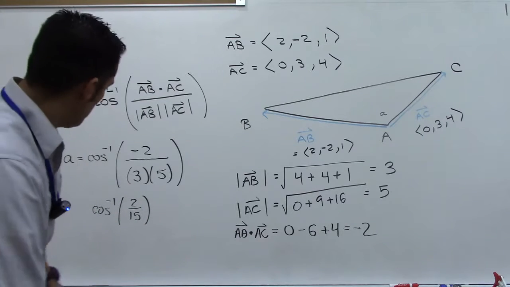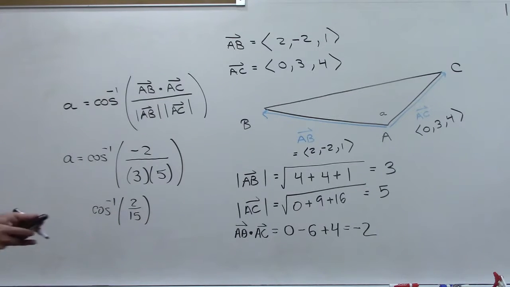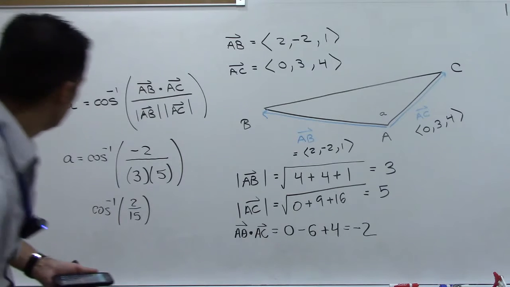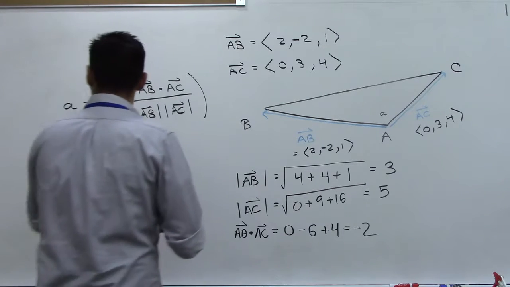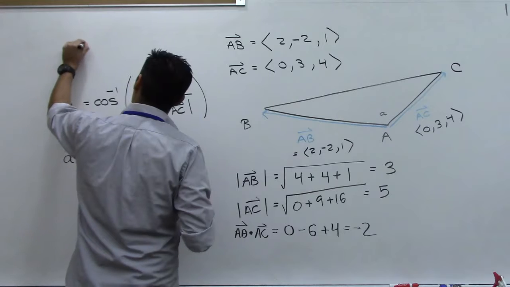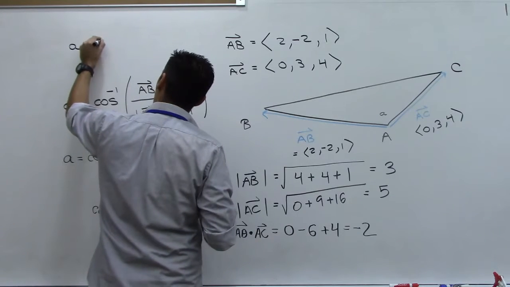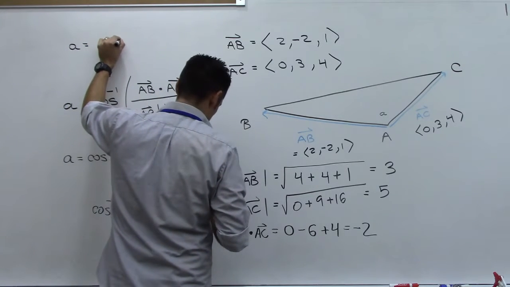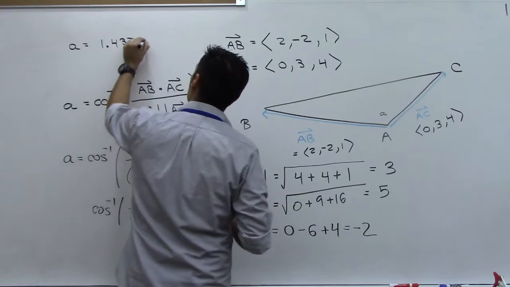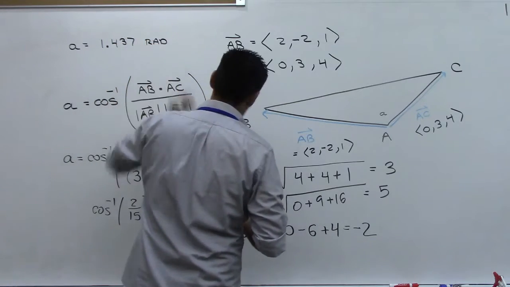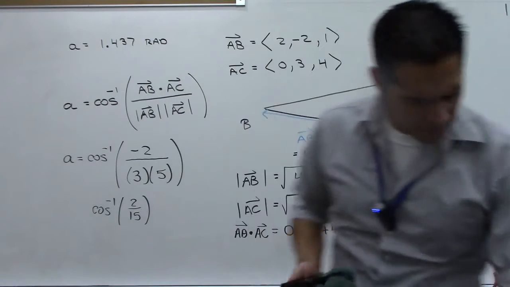So I get my calculator out again. 2/15, I take the inverse cosine of that, and I get that this angle A is equal to 1.437 radians.